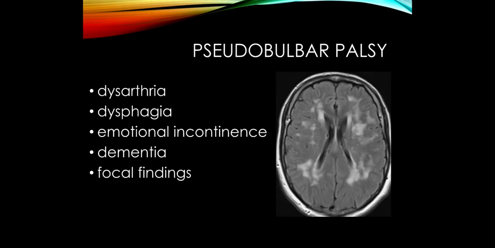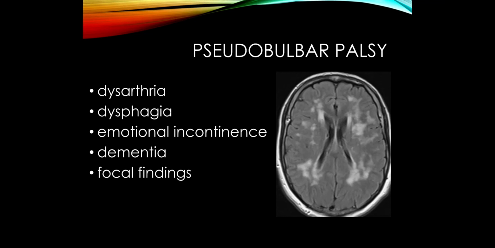Pseudobulbar palsy occurs from many lesions in the subcortical white matter. These can be strokes or any variety of different conditions. What happens is these lesions just chip away at the cortical bulbar tract, and so eventually you have a disconnect between the motor cortex and the brainstem.